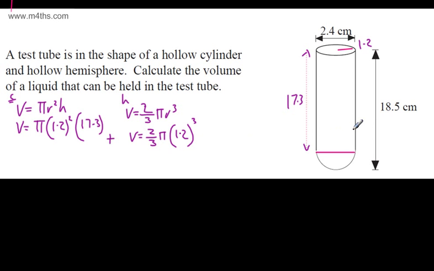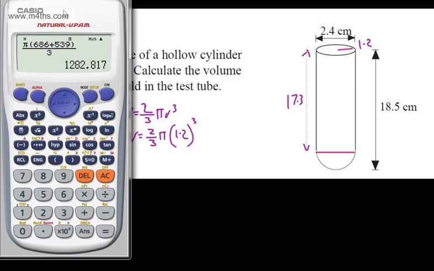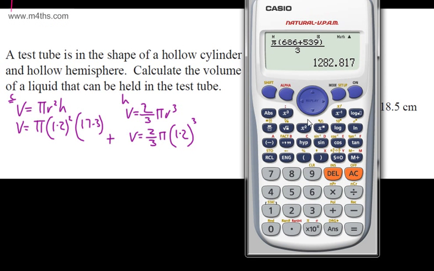So all I'm going to do is add these two together. We need to be a bit careful here because we've got the cylinder, and of course this hemisphere on the end. So I'm going to do this in one fell swoop, and we will just add it all up. So I'm going to have pi multiplied by 1.2 squared, multiplied by 17.3.